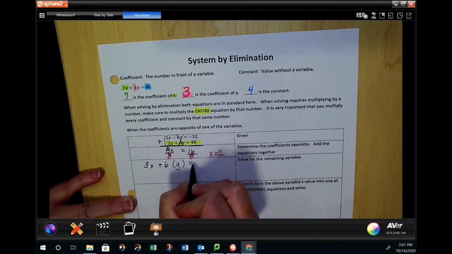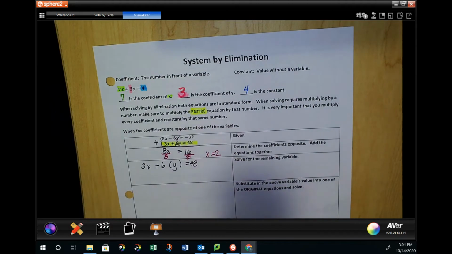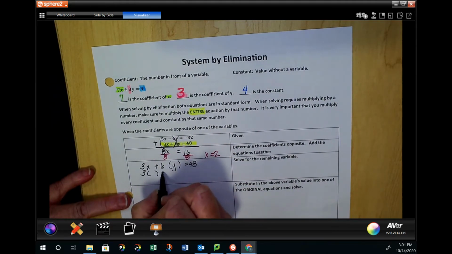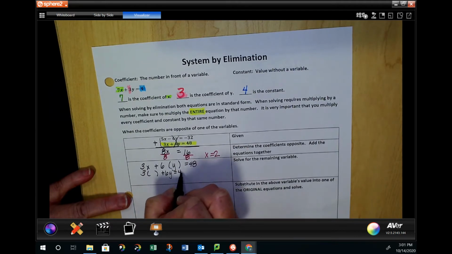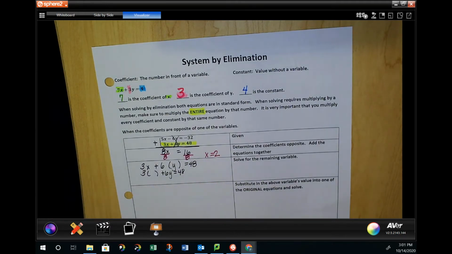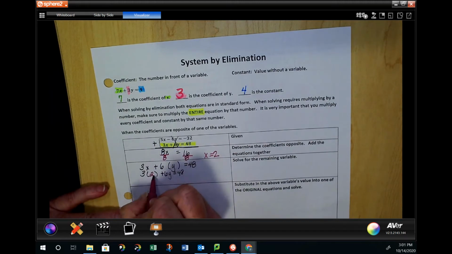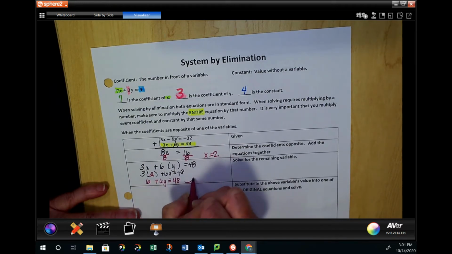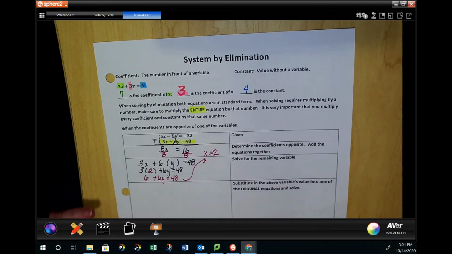So now I have to solve for y. I'm going to have 3, whatever my x was, plus 6y equals 48. So now I've got 3 times 2, because I'm substituting 2 in for x. So 3 times 2 is 6, plus 6y equals 48. I'm running out of room, so I'm moving it over.